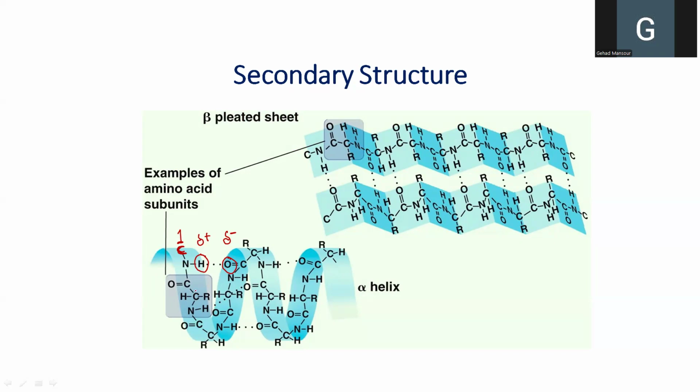Let's count again. If this is the first central carbon atom, this would be the 2nd carbon atom, this would be the 3rd, then the 4th central carbon atom, and this is the 5th central carbon atom. It is the 5th carbon atom from the beginning, but it is the 4th down the chain.